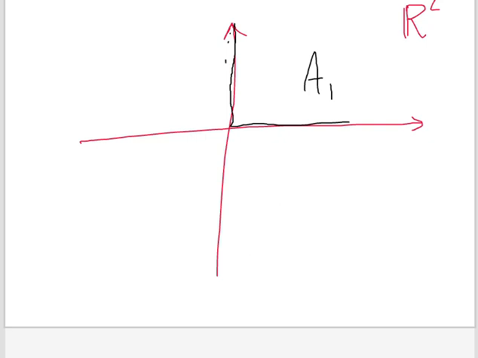This one is a partition R2. This one is R3, and this is R4.